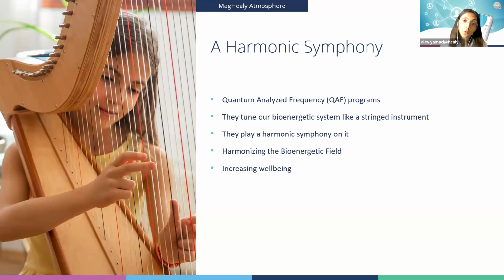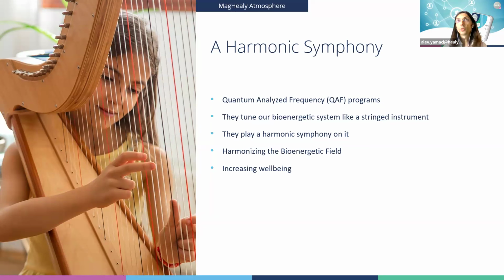If you have quantum analyzed frequencies, you can visualize or think of the effect as tuning your bioenergetic system. It's like an instrument that you need to tune a little from time to time, so that you play harmonically again.